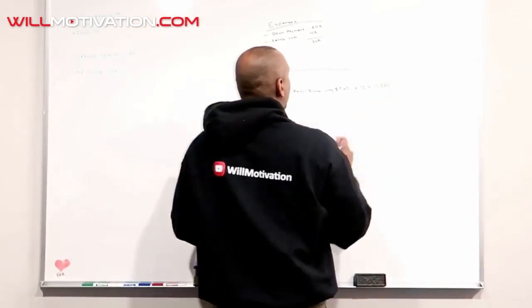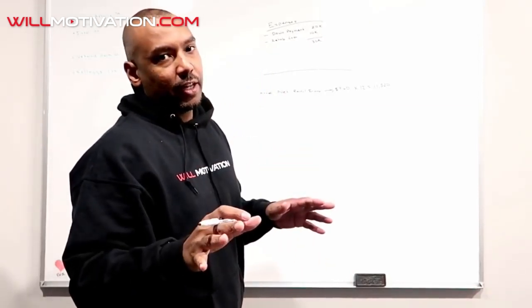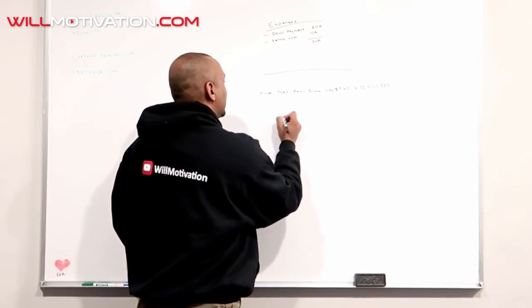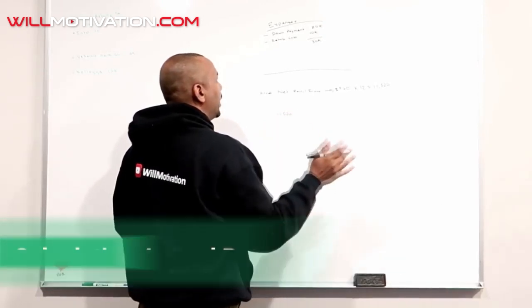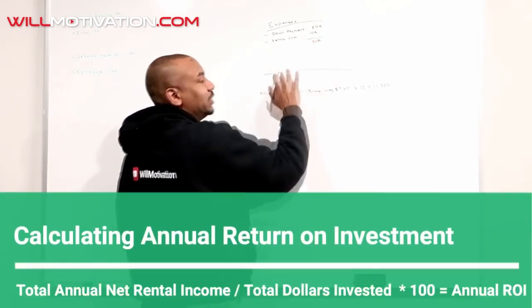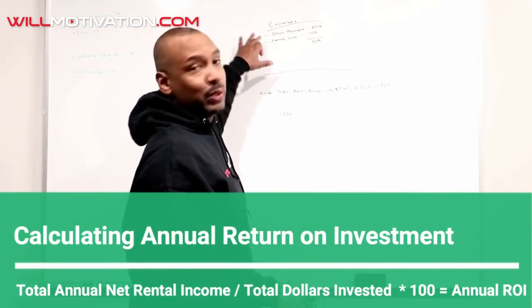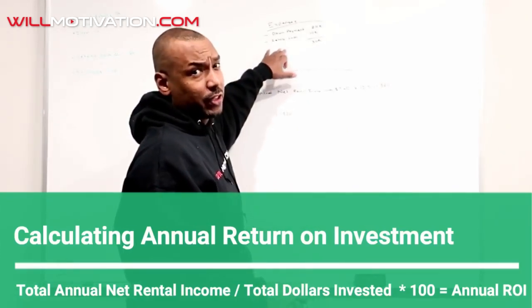So take your net income, 11,520, divided by the total amount invested. For the sake of example, we're saying we put down 20,000 and we rehabbed with 10,000, for a total investment of 30,000.